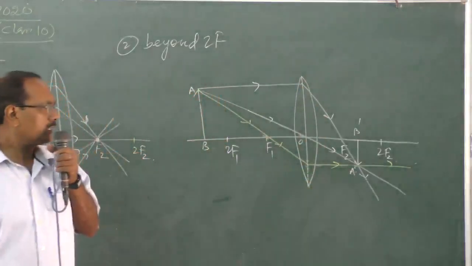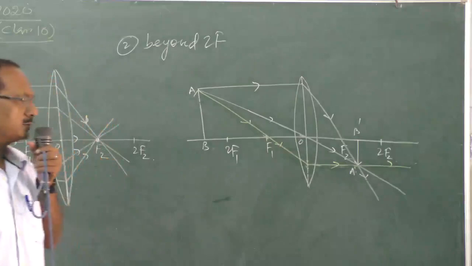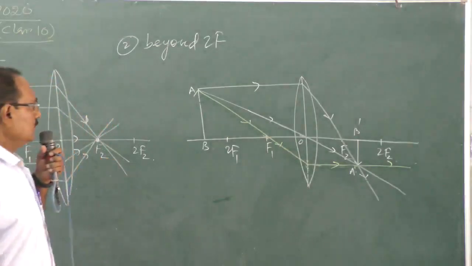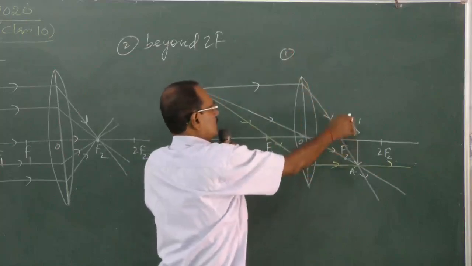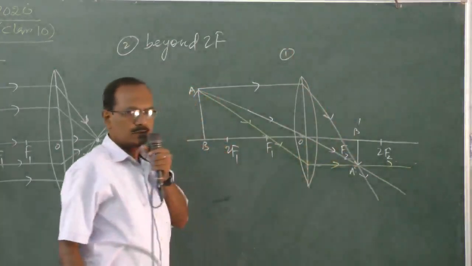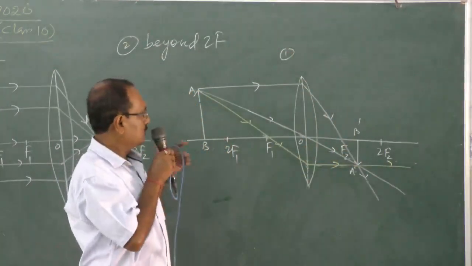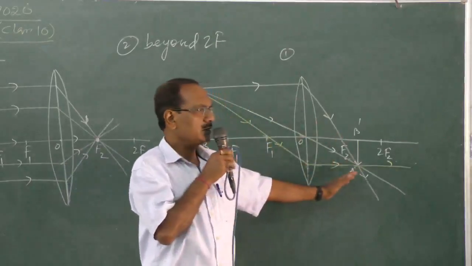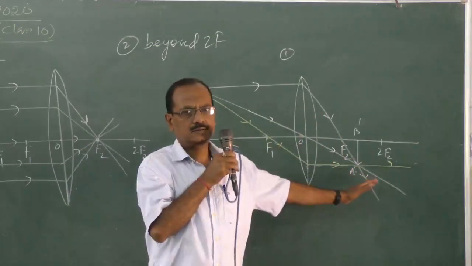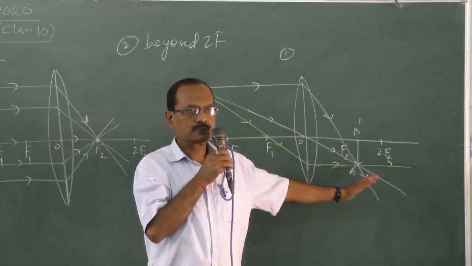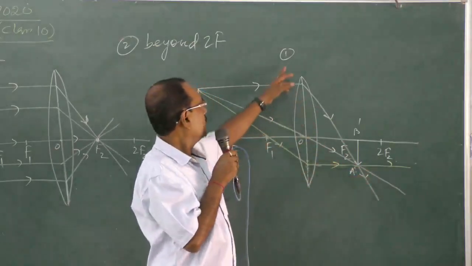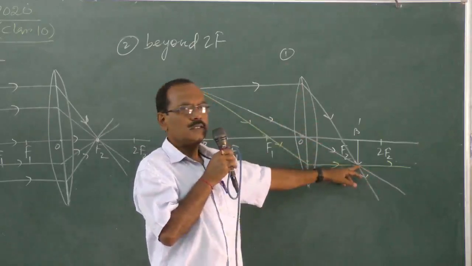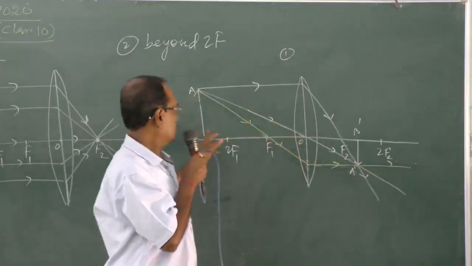So what are the characteristics of the image here? Number one, the image is real because it is formed by the actual intersection of the rays. The rays are intersecting here. Number two, the image is inverted. Just check it.